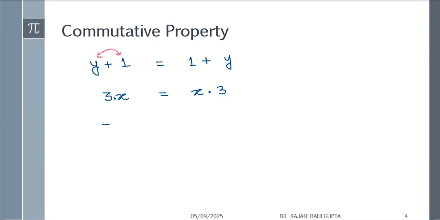If you have minus 2a, since the negative sign is with the 2, you have to put this in a bracket. By using the commutative property, you can write it as a times (minus 2), or simply a times minus 2. It will be the same. I hope it's clear.